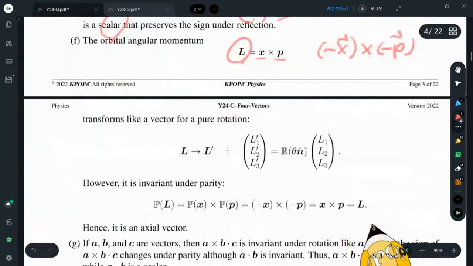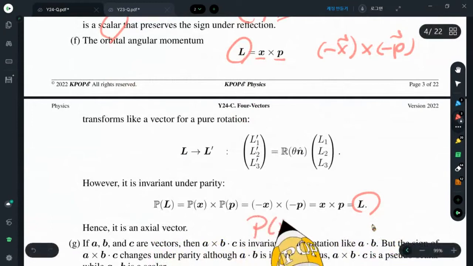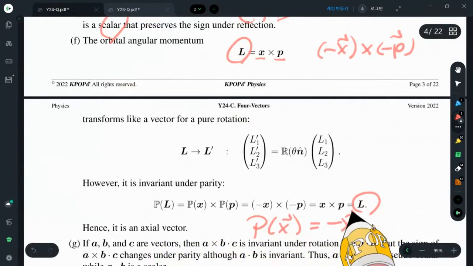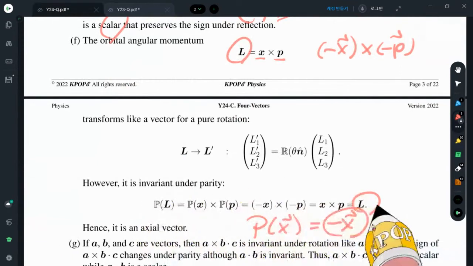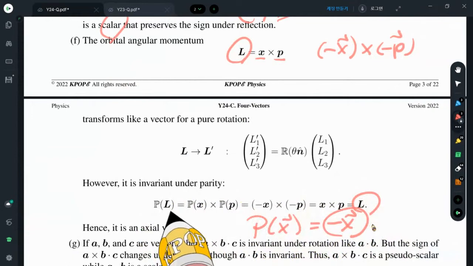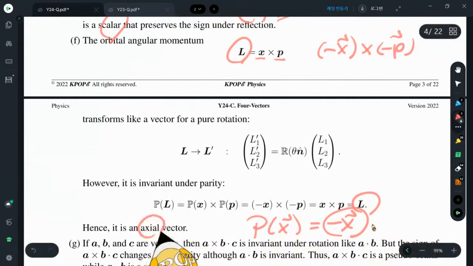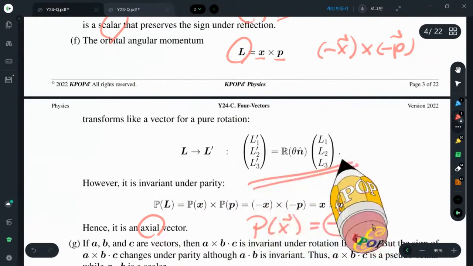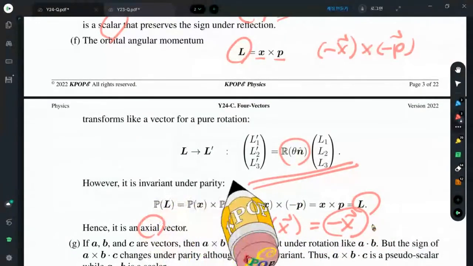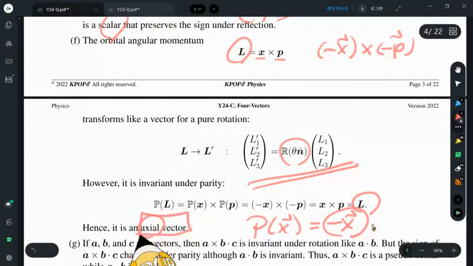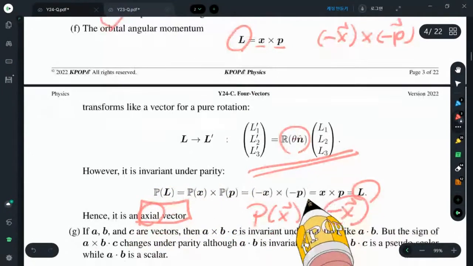So it is invariant under parity. That is different from x vector, which becomes -x. So this one has a different sign on the parity. We have a special name for this kind of vector, even though it satisfies the same rotational property. Because of the parity, we call this one an axial vector.